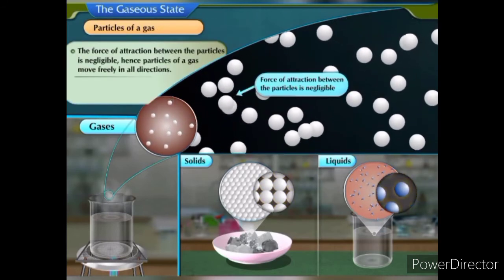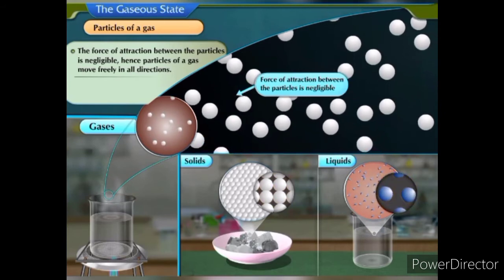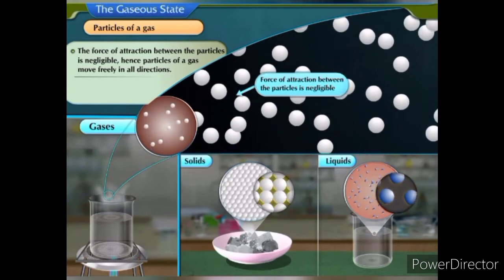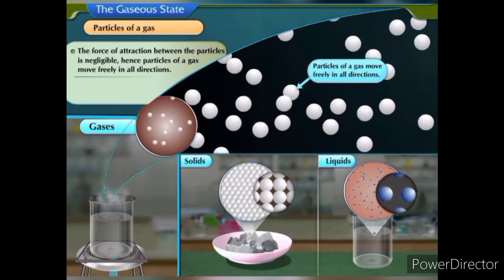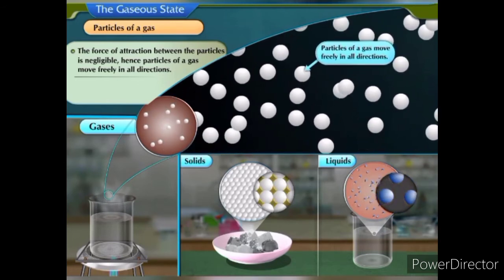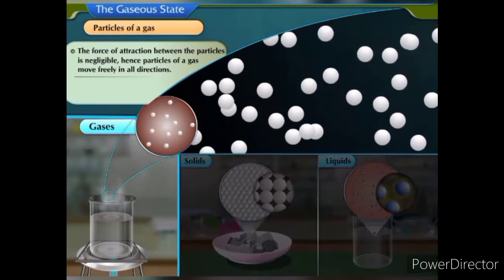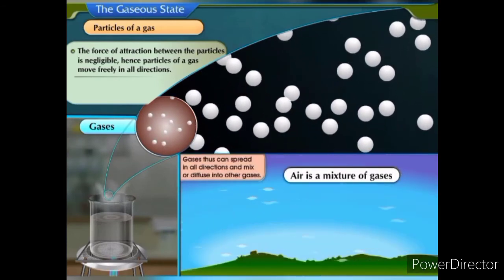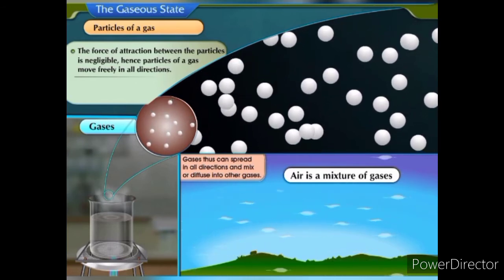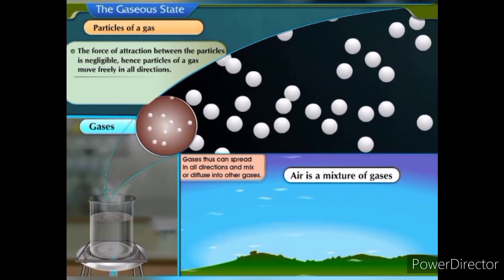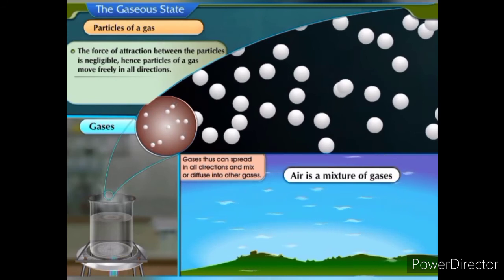The force of attraction between the particles is negligible, hence particles of a gas move freely in all directions. Gases thus can spread in all directions and mix or diffuse into other gases.